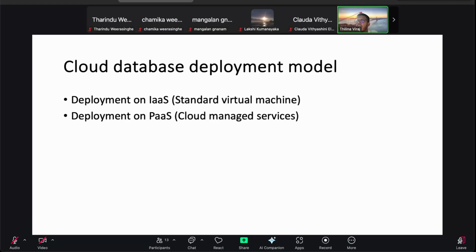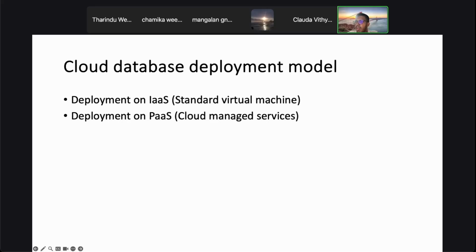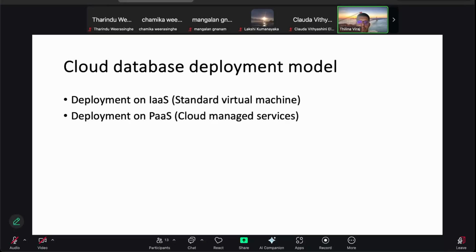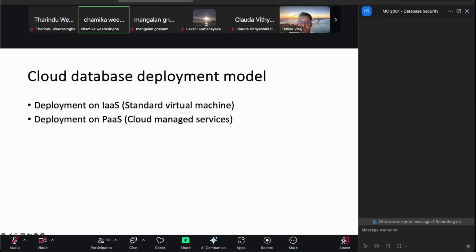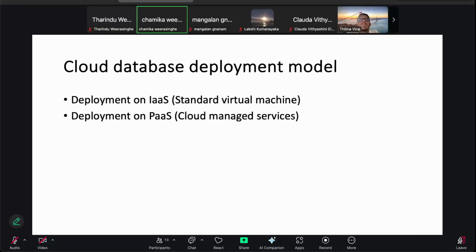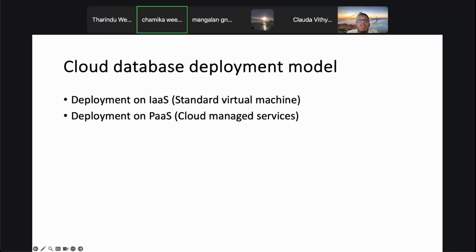Okay, coming back to the topic, what sort of security challenges can we have when we set this up as infrastructure as a service? When we set up a database in the virtual machine, we have to secure all the things. We have to think about port security and everything we have to set up at this stage.